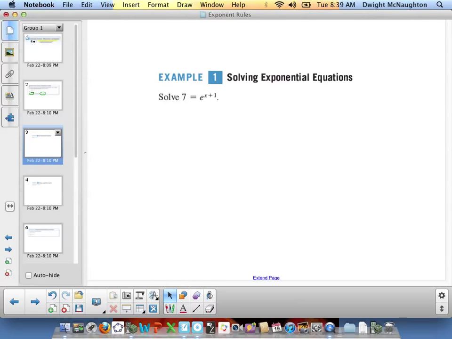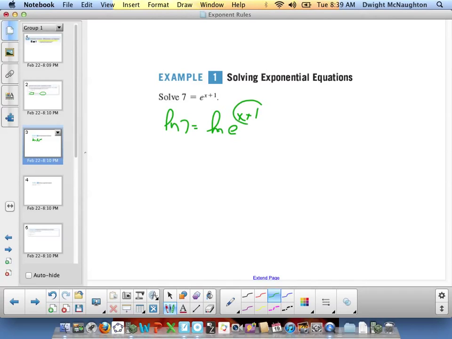To solve an exponential equation, we've got 7 equals e to the x plus 1. What we'll do is the opposite of the exponent, which is the natural log. So we'll take the natural log of both sides. Natural log of 7 equals natural log of e to the x plus 1. Apply log properties, and the exponent comes out front.